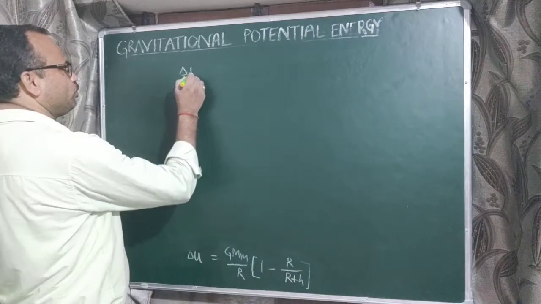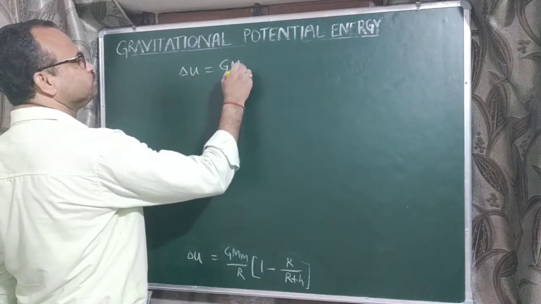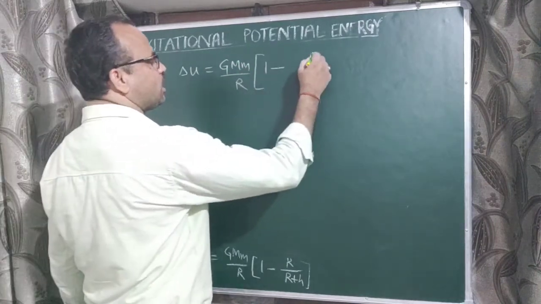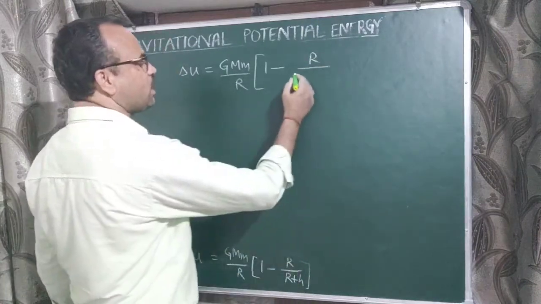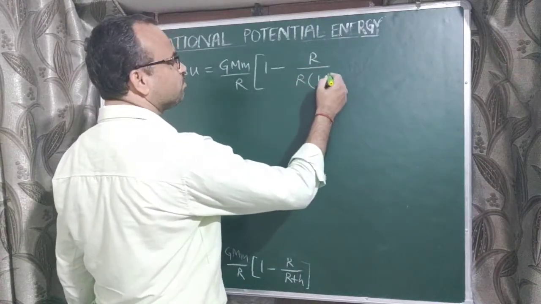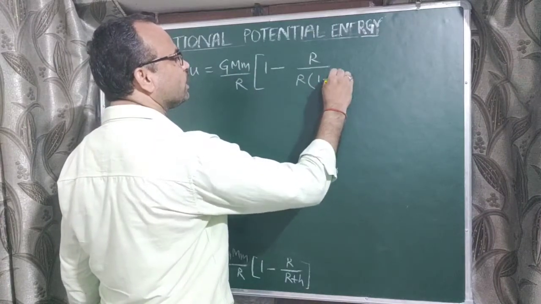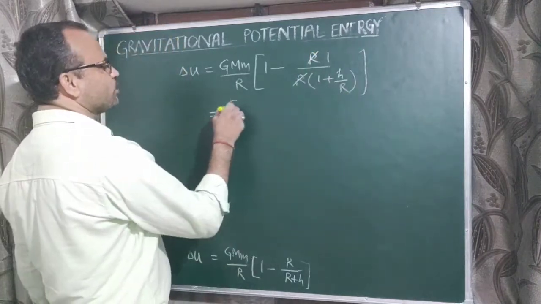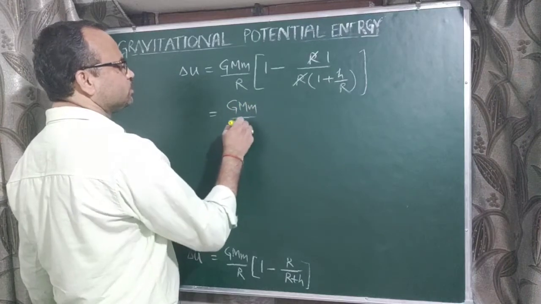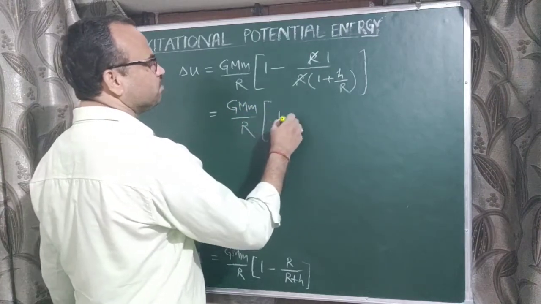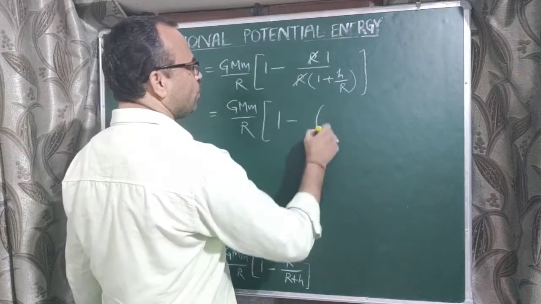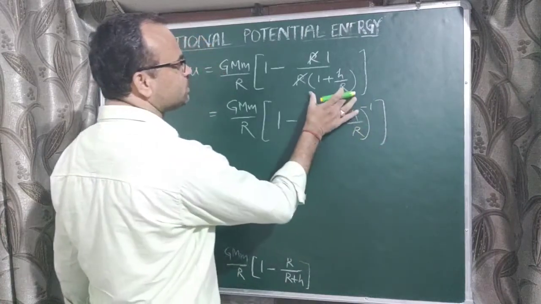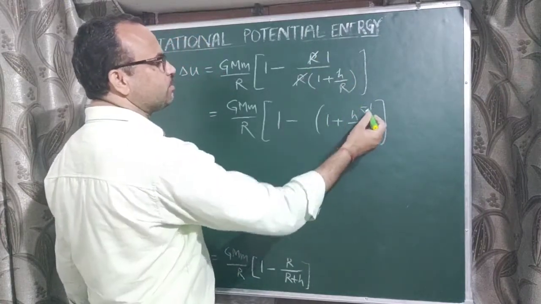So delta U equal to GMm upon R times (1 minus R upon R(1 plus h upon R)). Now R and R cancel, and this can be written as GMm upon R times (1 minus (1 plus h upon R) to the power minus 1), because when this term is moved to the numerator, the sign changes.